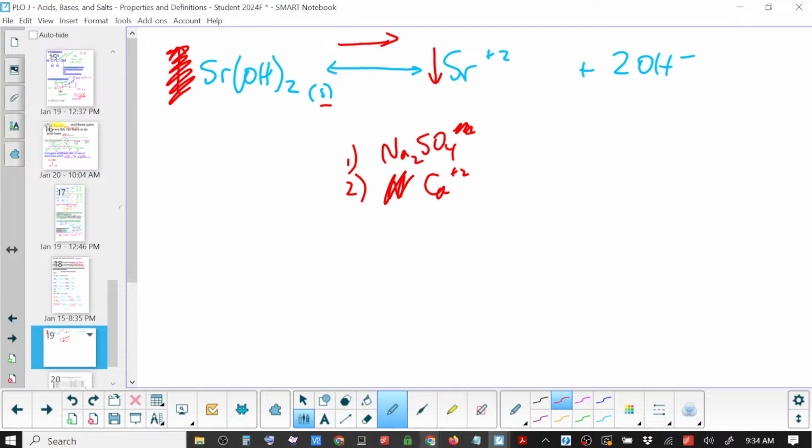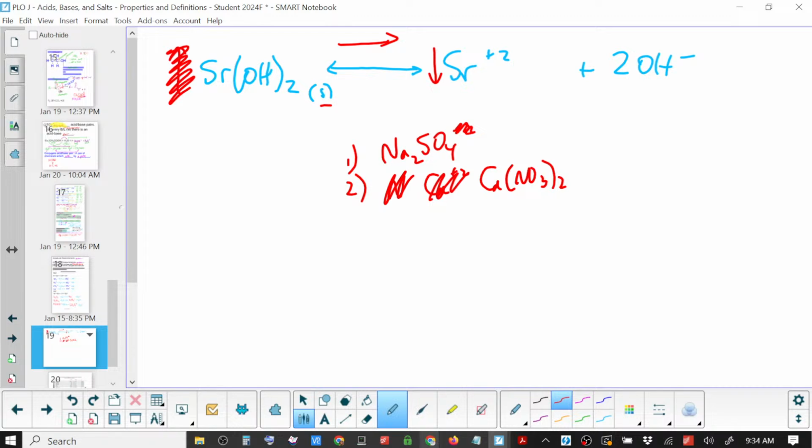What's negative and soluble with everything? NO3. So you could use Ca(NO3)2. Because it's a negative soluble with everything, but you need the calcium to not be soluble with the hydroxide.